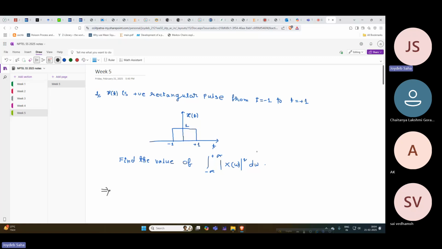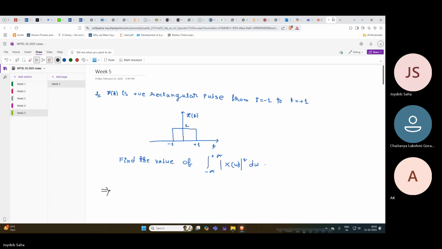Now, there are two methods we can solve. First, we will calculate the Fourier transform of x(t).